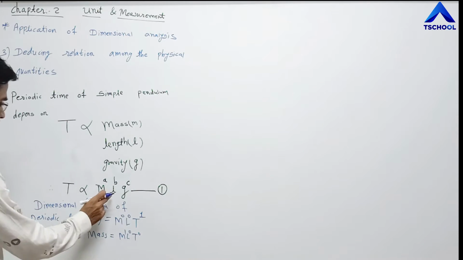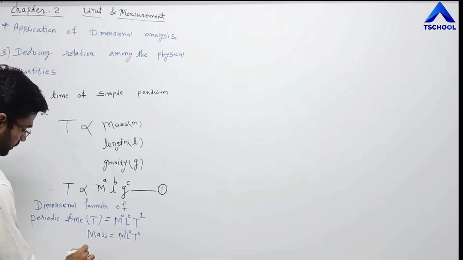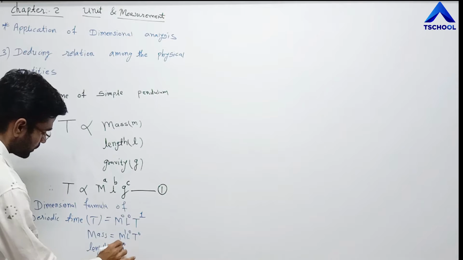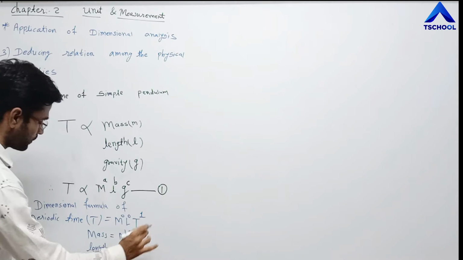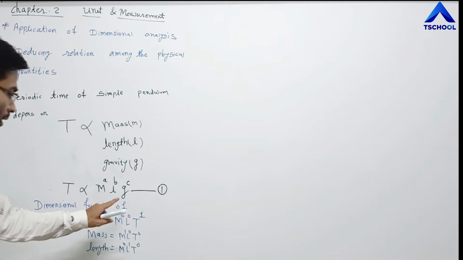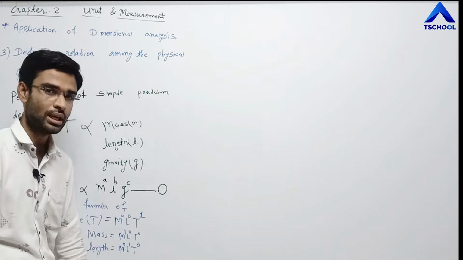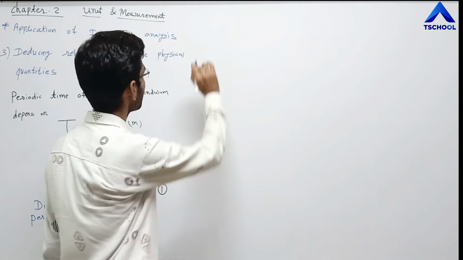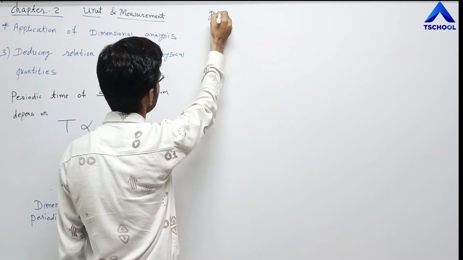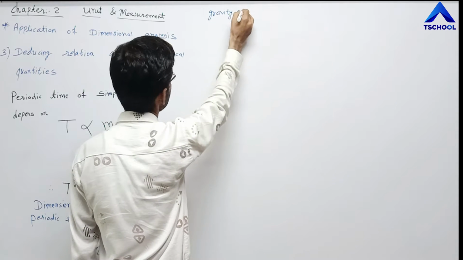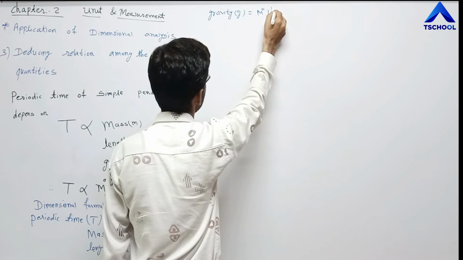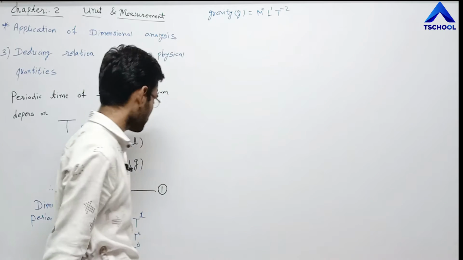Dimensional formula of length is m0 l1 t0. And dimensional formula of acceleration due to gravity, means dimensional formula of acceleration, g, is m0 l1 t minus 2.